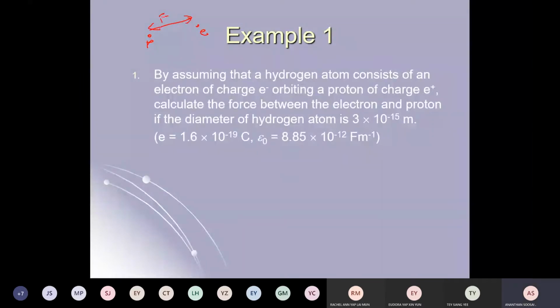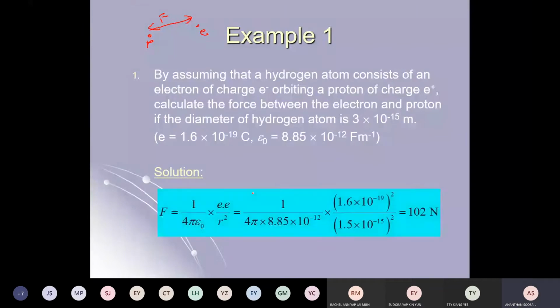According to Coulomb's law, of course, F equals K Q1 Q2 over R squared. So what are Q1 and Q2 of the electron and proton? You have to include that. So the solution: the bottom is 4 pi epsilon naught, and e times e, because the proton charge is 1e and the electron charge is 1e.